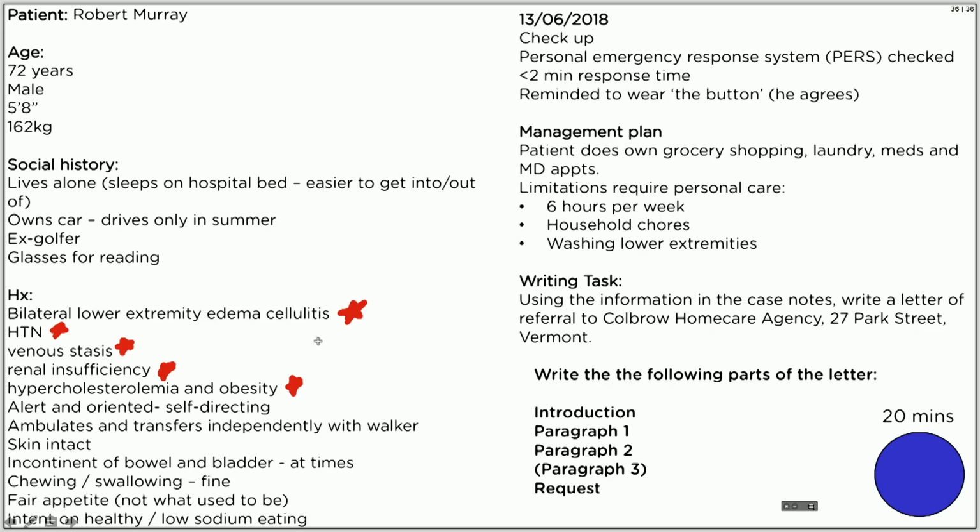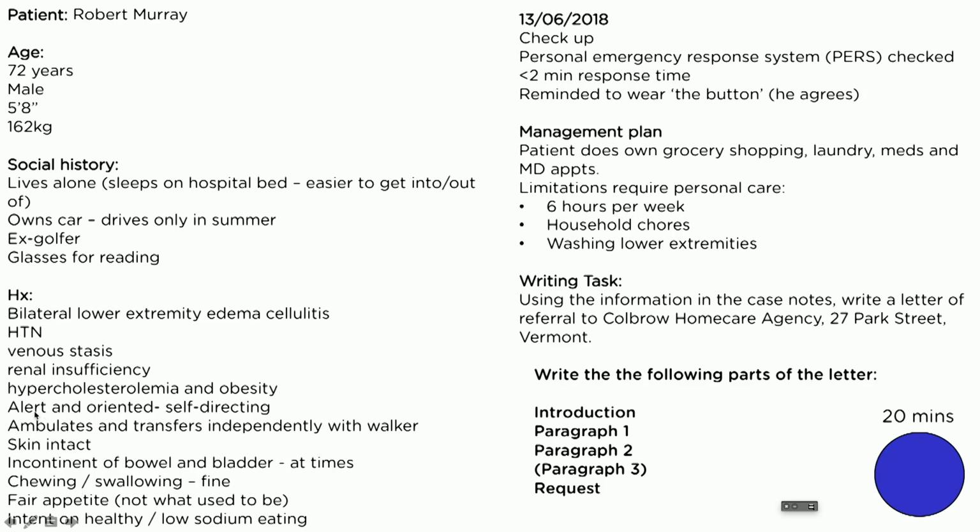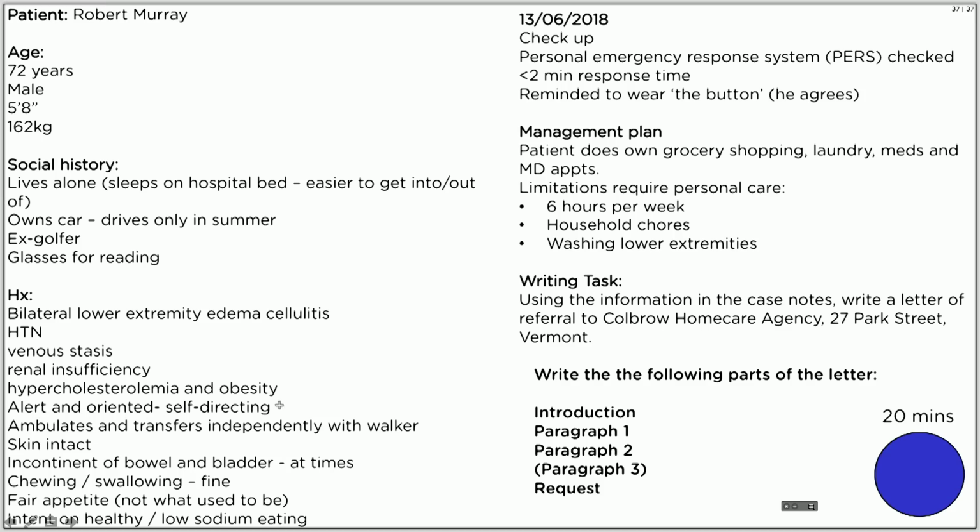So you need to think about ways that you can thread the case notes together into a story. Then for this one, alert and oriented, self-directing, this would be something different altogether. So let's do a cross for this one: alert and oriented, self-directing, ambulates and transfers independently. These are kind of related case notes, right? Skin intact. Well, this one, in fact, let's put a star, because this would go back to the issue with the skin, the cellulitis.